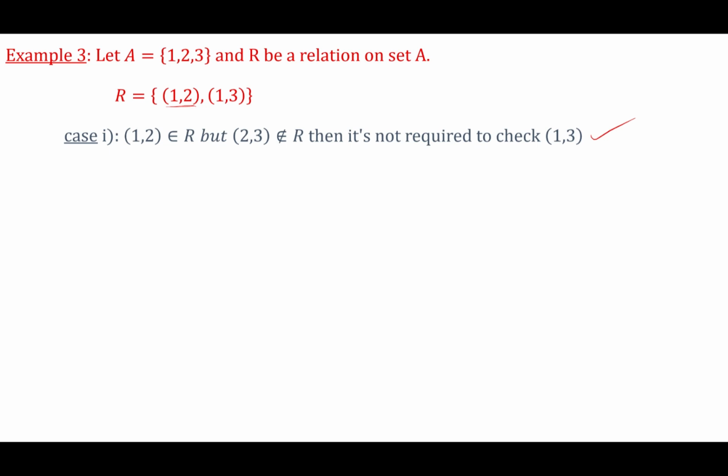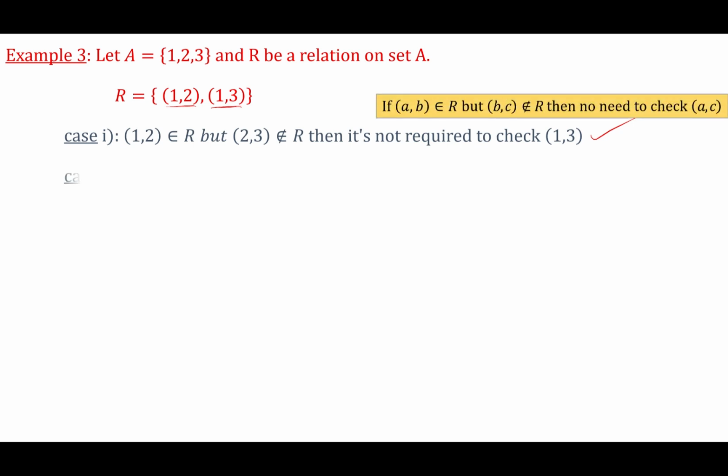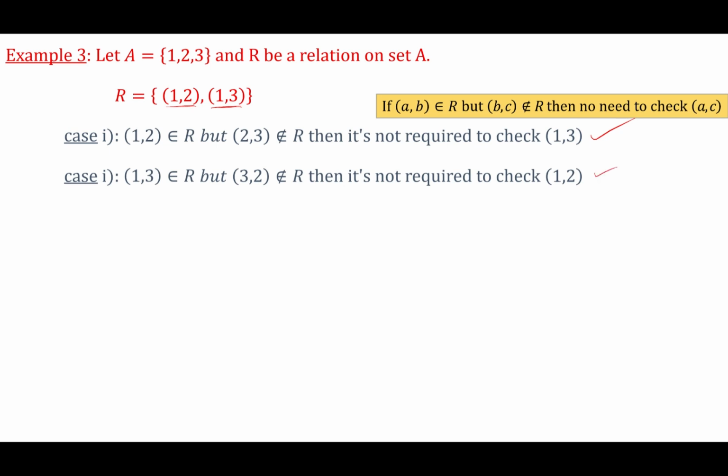The second, (1, 3) is there, but I don't have (3, 2), so I don't need to check the other ordered pair (1, 2). So this also satisfies the transitive condition. Both ordered pairs satisfy it, so the given relation R is a transitive relation.